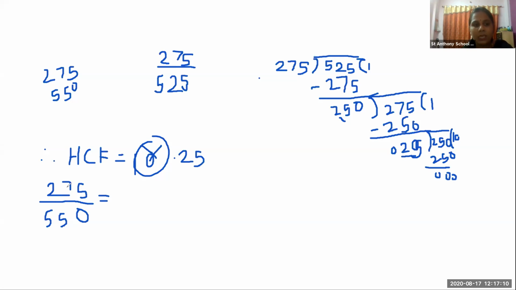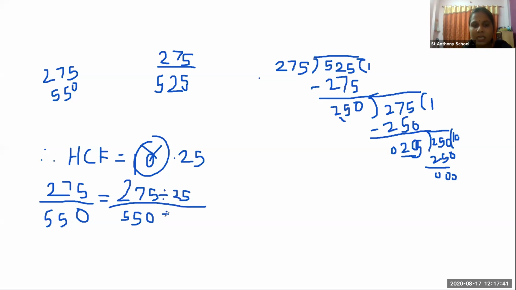Now if I convert the 275 and 550, यहाँ पे I got here HCF is 25, so I would divide this 275 by 25 and this 550 by 25.